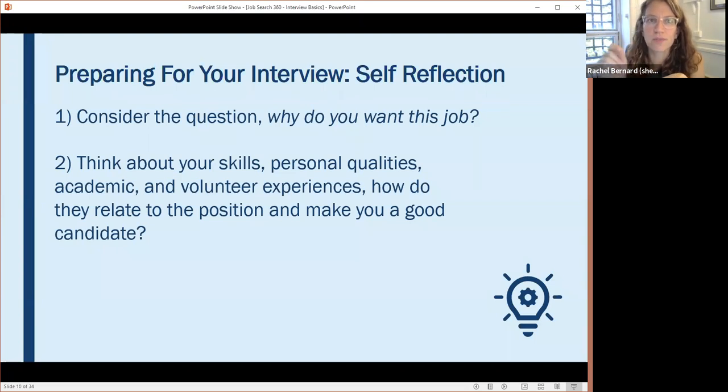With the job description, I go through every qualification and every responsibility, and I put a little note about something in my past experience or some quality about myself that I think is relevant and helps to make a case for my candidacy. I do that before every job interview. That's really just about self-reflection. It's not any external research.